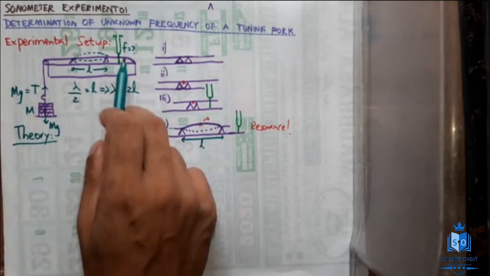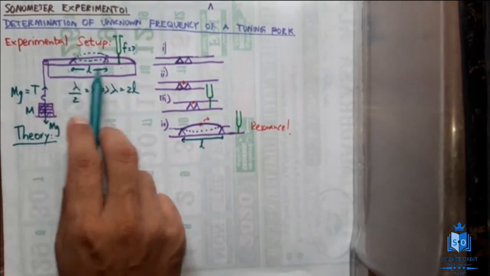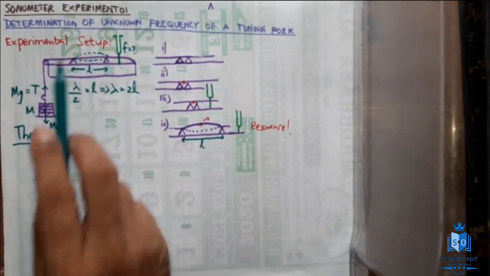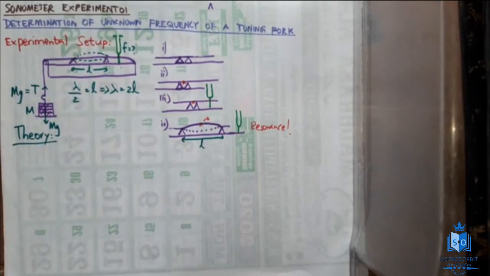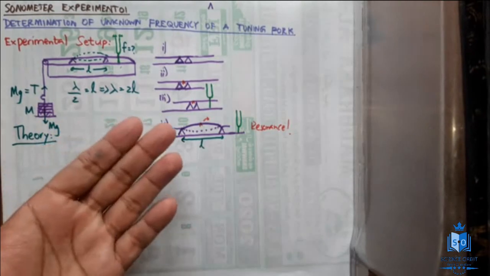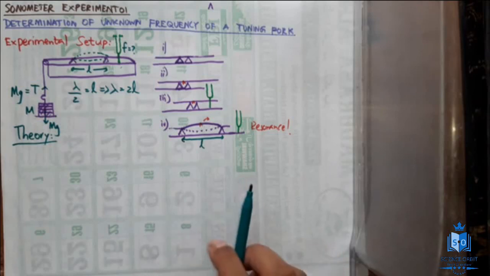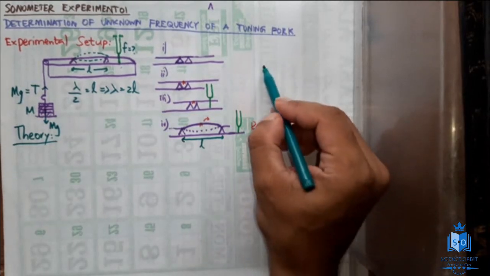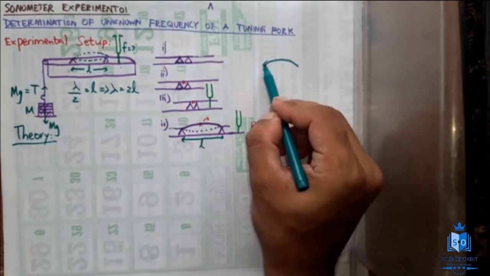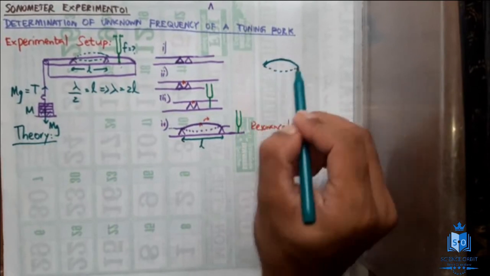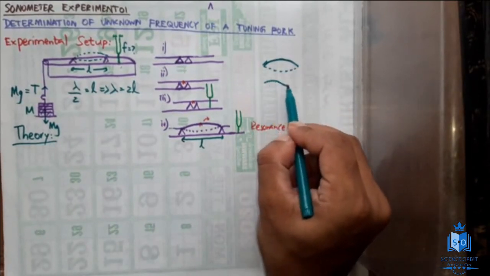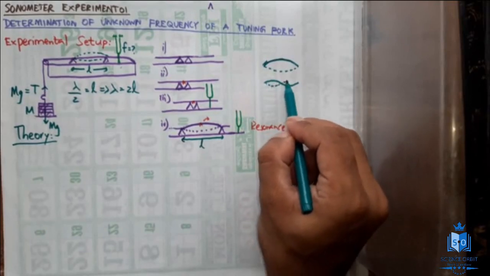The purpose is finding f, and it is happening in the fundamental mode. Now, you might have a question: why can't we do this experiment in the first overtone, or the second overtone? You already know the answer, even though you might be a little puzzled. During the fundamental mode, the amplitude is high, but during the first overtone, the amplitude is slightly less.